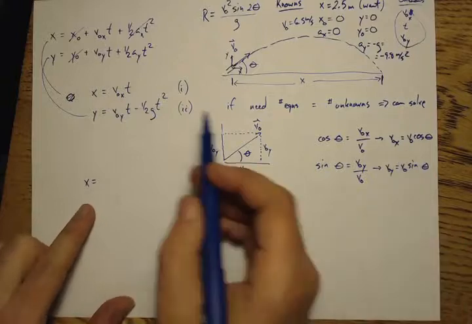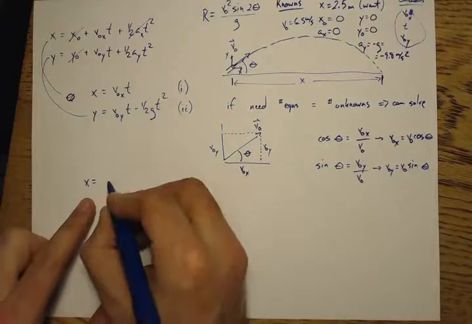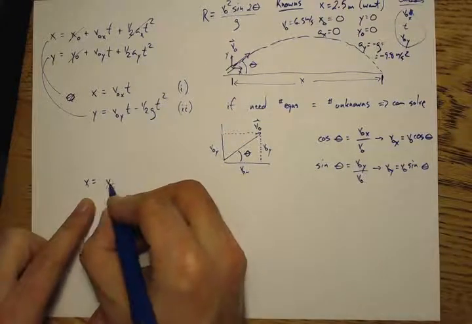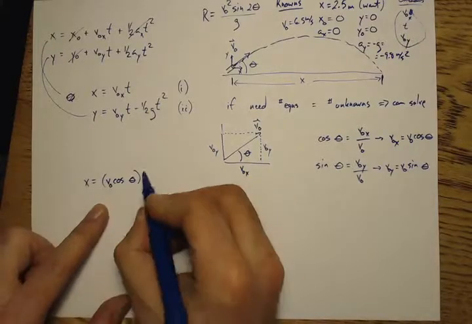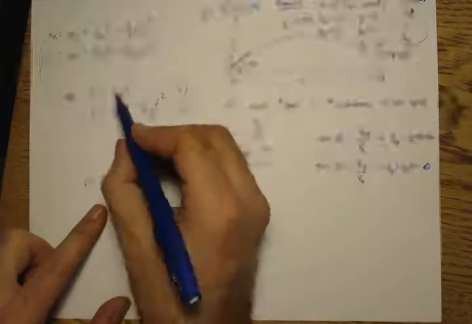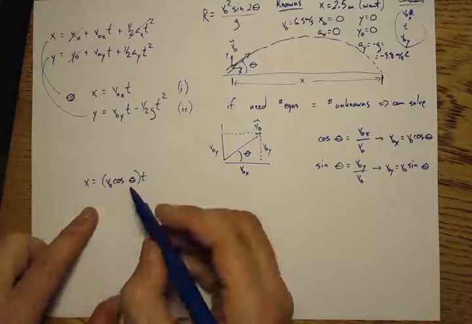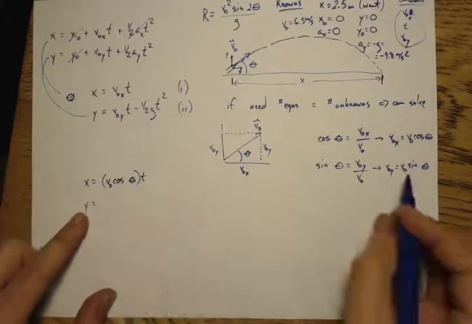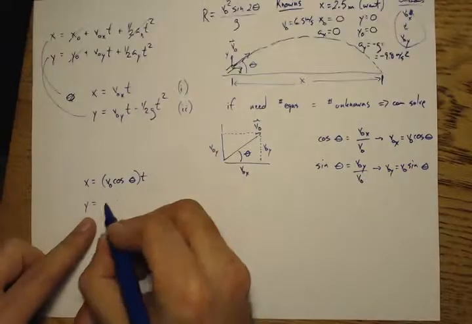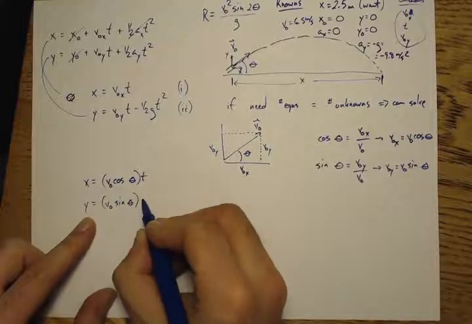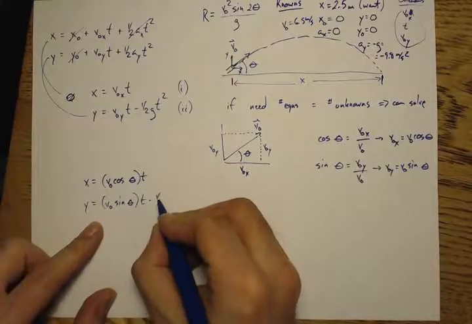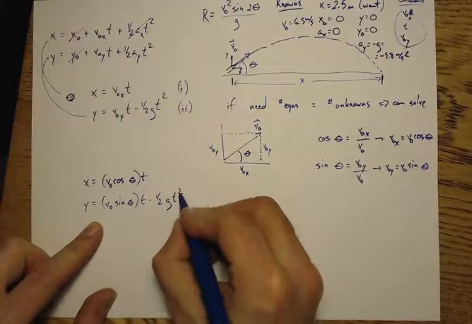So now I'm going to plug this into here, and still, I'm not going to plug numbers in yet. So now just plug this in for V naught x. And I'm going to do the same thing for V naught y. So over here, I've got V naught sine theta times time minus 1/2 g t squared.